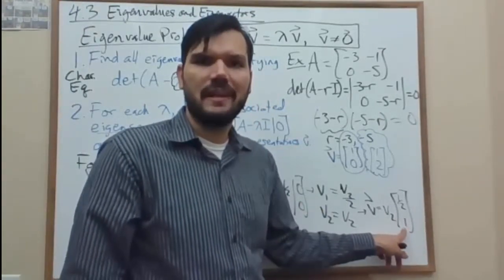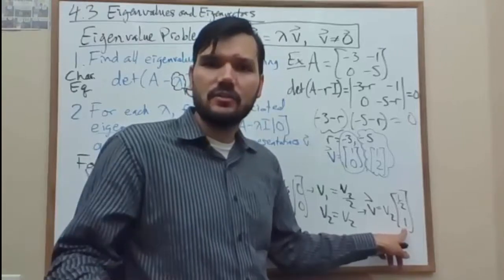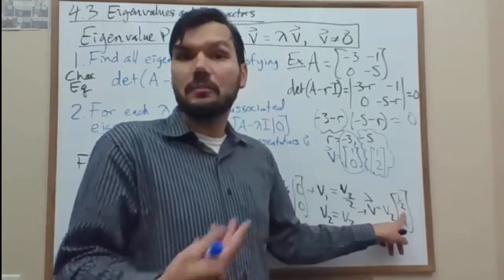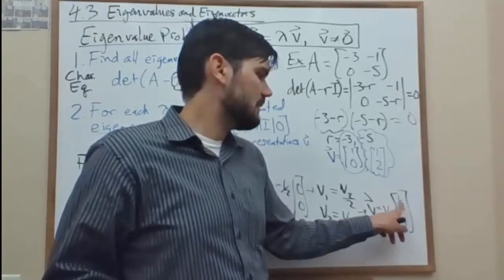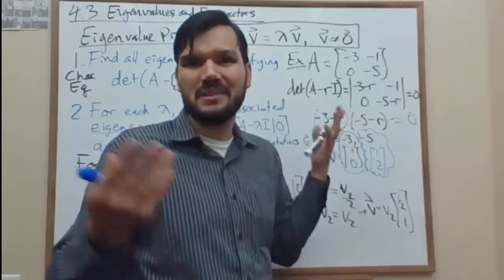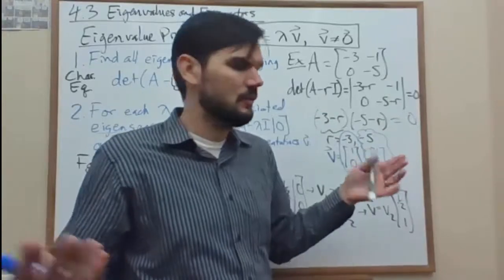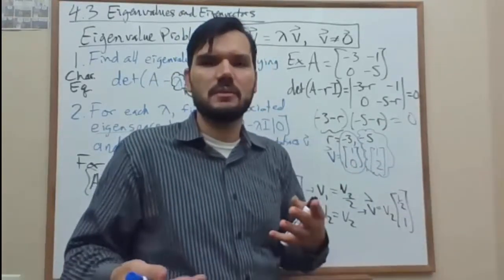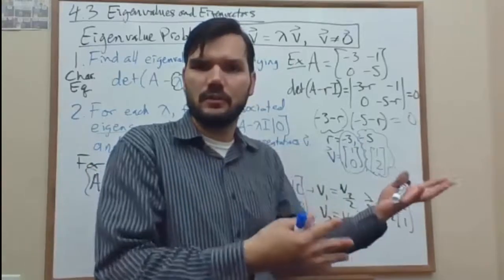Or we could just keep the 1/2 there. I like to choose a multiple that makes it as simple for me to work with as possible. So I like to make all terms integers if possible, and try to make that first term positive. It just helps me in terms of using the vectors for the solution later.